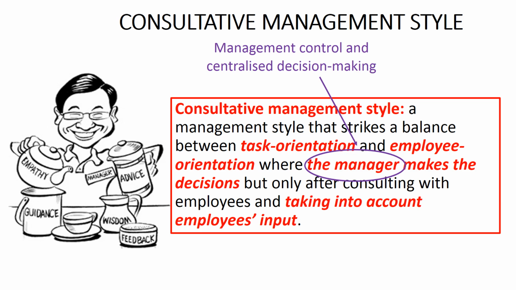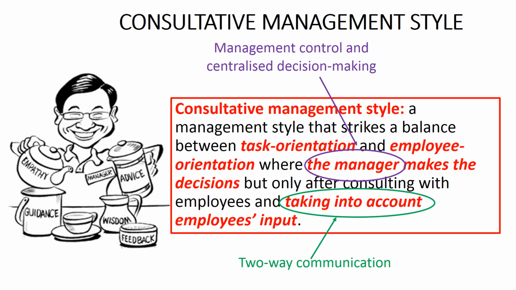The reference to the manager making decisions after taking into account employees' input is a reference to a characteristic of this management style as being that there is two-way communication, that is, communication from the manager to employees and from the employees to the manager.